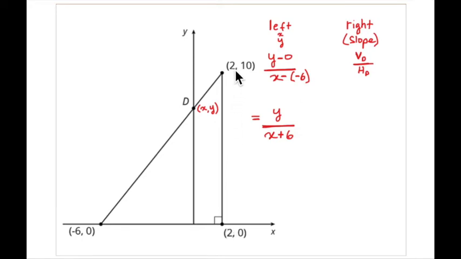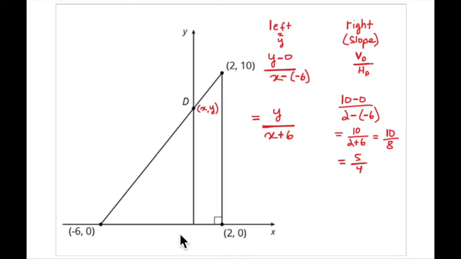So this is 2 minus a -6. Well, 2 minus a -6 is adding the 6 units to the 2 units. So what's the total? The total is 8 units. So the slope is 10 units in the vertical direction, these 10 units right here, and 8 units in the horizontal direction, 2 minus a -6.